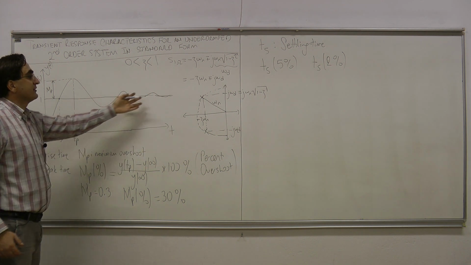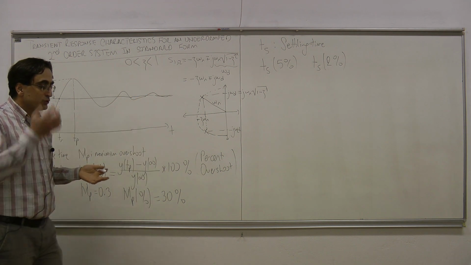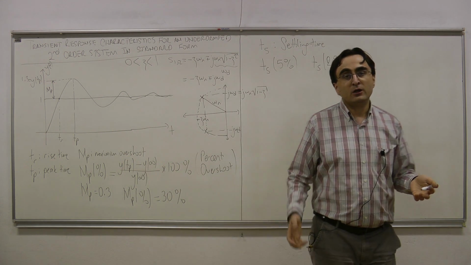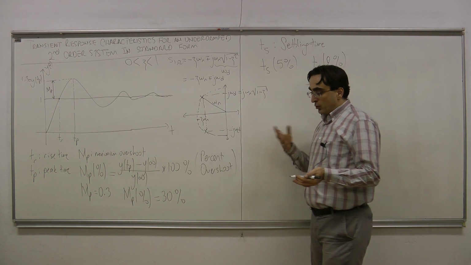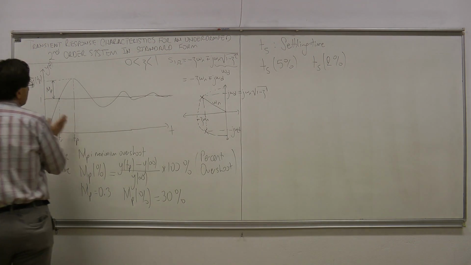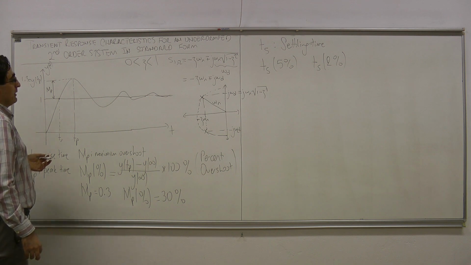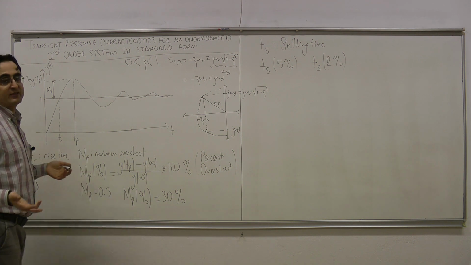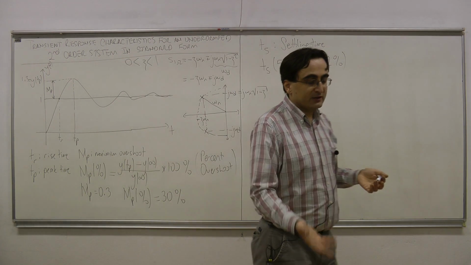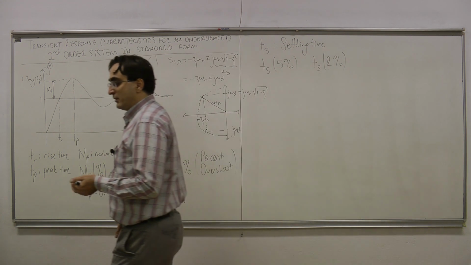So there is no exact convergence mathematically here. Okay? But we would like to come up with some performance measure to actually measure the amount of time that this convergence is happening for a second order system. Okay? So obviously it is not acceptable to say that settling time is infinity all the time. Mathematically it is infinity, but we would like a more useful definition here.